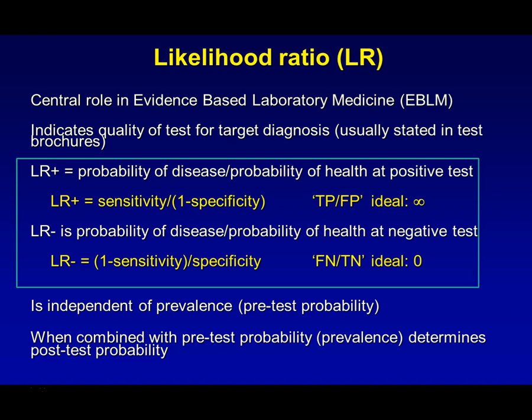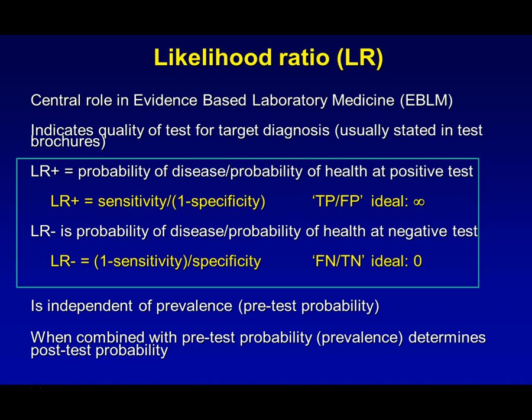The likelihood ratio plays a central role in evidence-based laboratory medicine, and it indicates the quality of the test for target diagnosis. As stated before, the likelihood ratio of a positive test is the sensitivity divided by 1 minus the specificity, in other words, true positives divided by false positives, whereas the likelihood ratio of a negative test is the probability of a disease divided by the probability of health at a negative test.